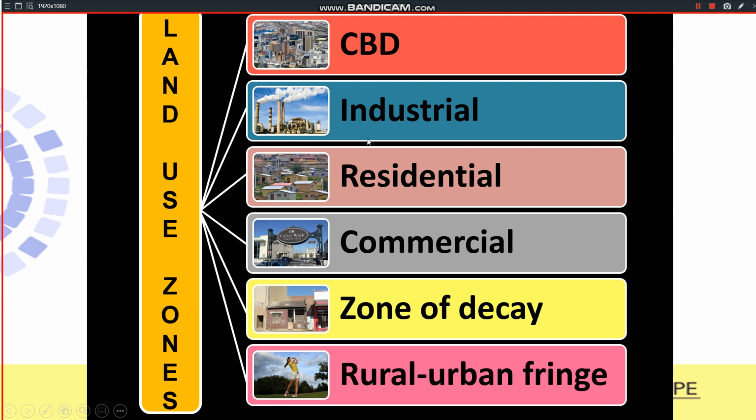We are going to look at the definitions of each of these, the characteristics of these, and examples of each of these land use zones. Again, learners, please, it's important that you go to your previous question papers and see how these questions are asked or dealt with in the exam.